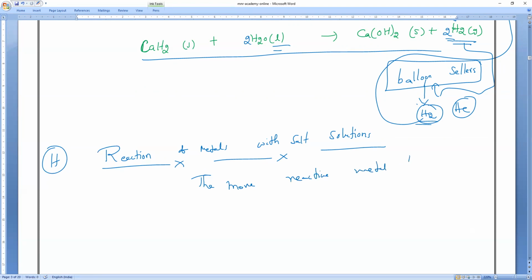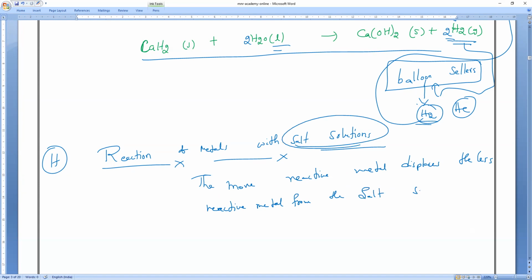The more reactive metal will displace what? The less reactive metal. From where, guys? From the solution, from the salt solution of the metal. Do you understand all of you?